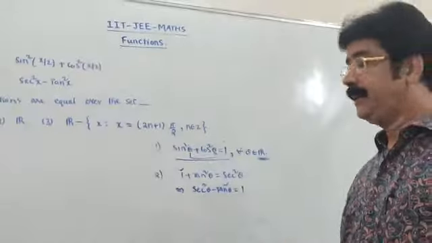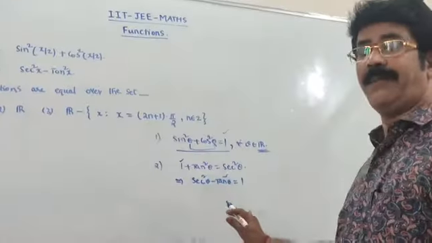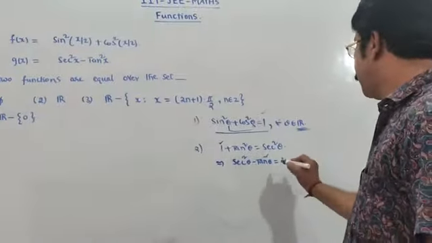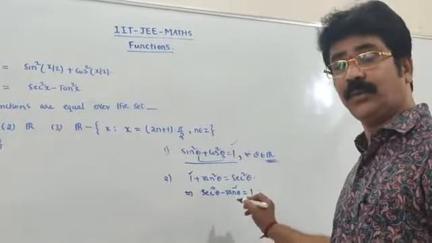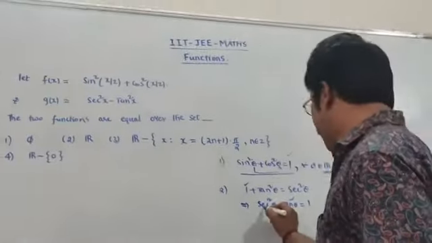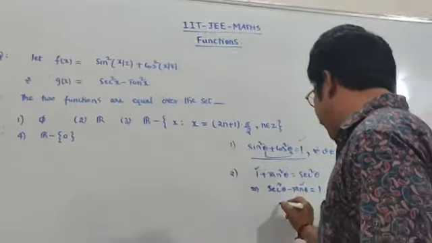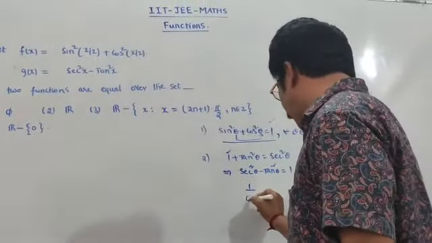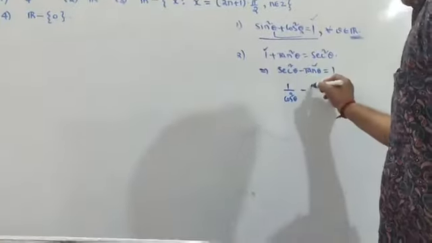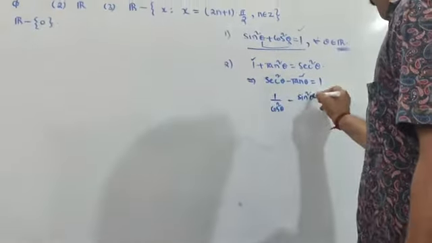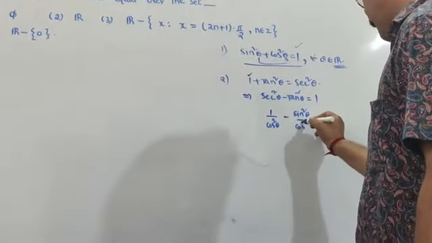What I am telling is that it is not an identity property. Why? Because it is not true for all theta belonging to capital R. Secant square means 1 by cos square theta. Tan square theta means sin square theta divided by cos square theta.